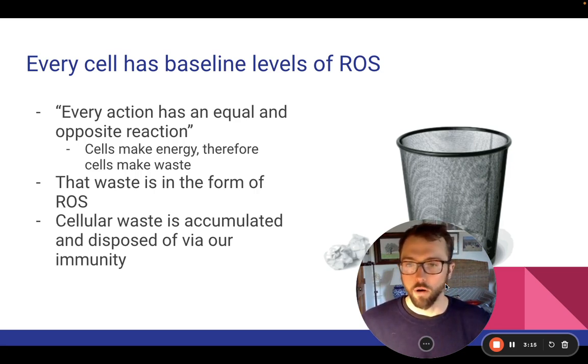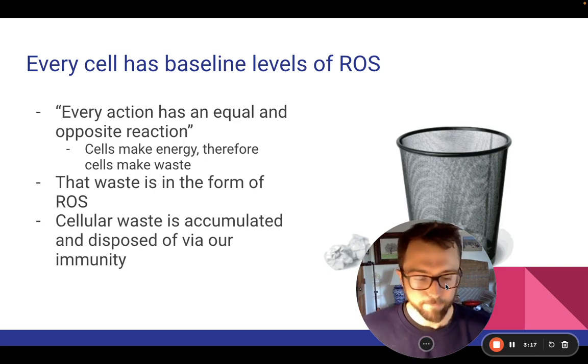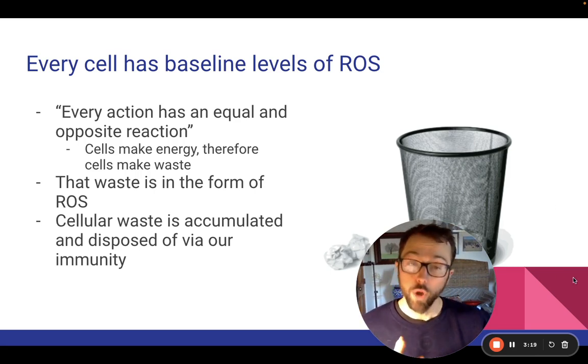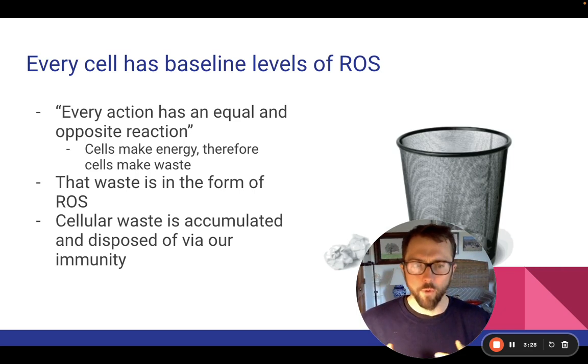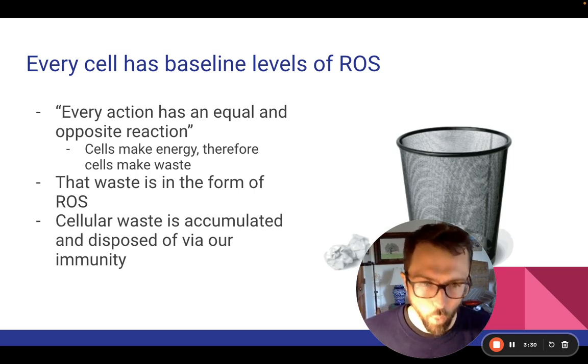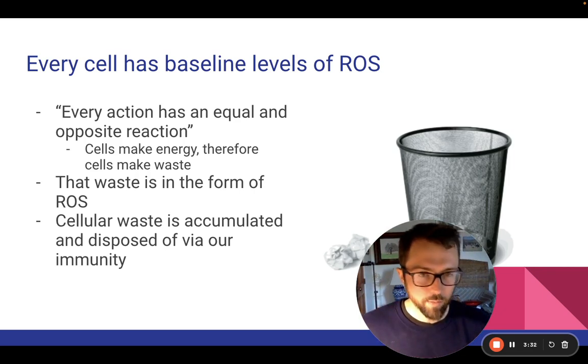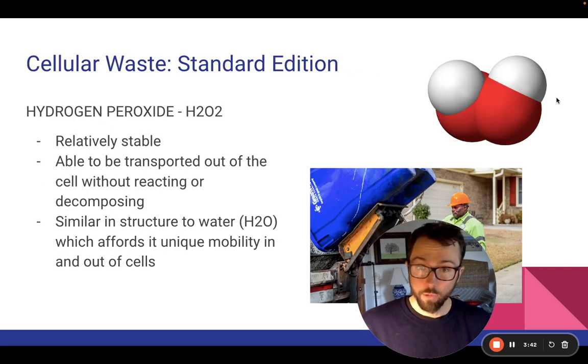That's basically what our human excretion is all about. So, knowing that ROS are present in the cell at some fundamental low-level baseline is important to know, okay? So ROS isn't bad. Our body has mechanisms in place to take care of them, right?